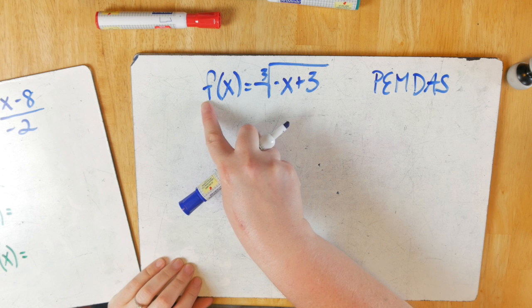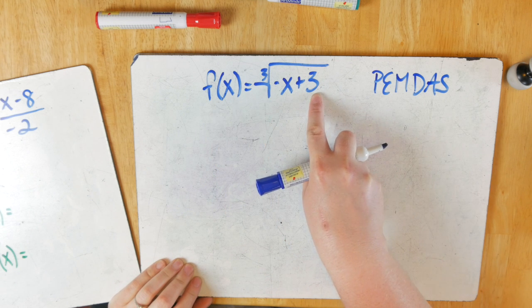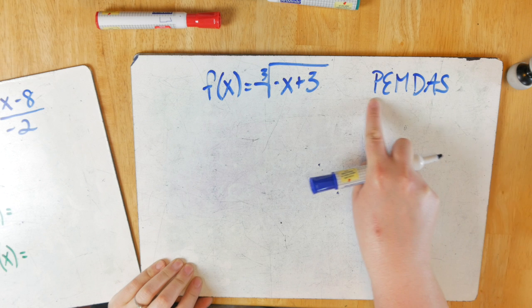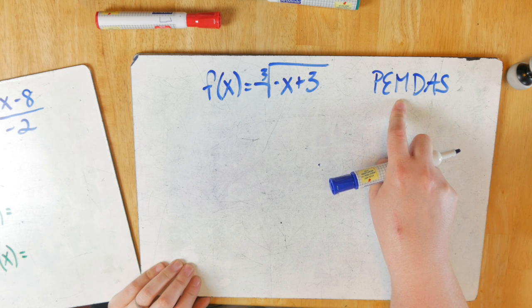Okay, so moving on to f of x, which is the cube root of -x plus 3, and I have my order of operations here in the corner because I want to keep in mind that I have to follow that and use that to evaluate a function correctly, and then also to undo everything about a function to find its inverse.